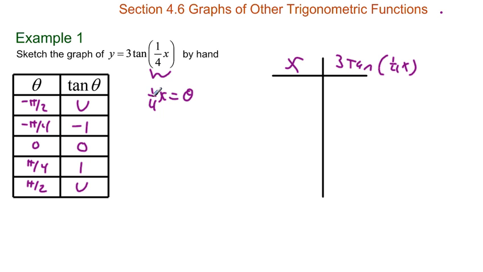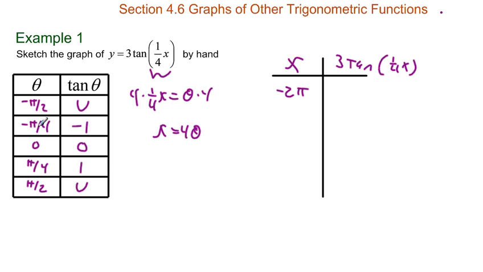Now let's solve. If I want to get x by itself, I'm just going to multiply both sides by 4, and so x equals 4 theta. That one's kind of nice, because all I have to do is multiply all these by 4. Negative pi over 2 times 4 is negative 4 pi over 2, or just negative 2 pi.